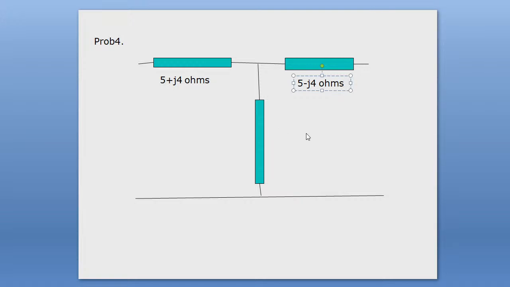And the middle one is 2 plus j0. The imaginary part is 0, but it is written to confuse the student. This is nothing but 0, that means 2 ohms.